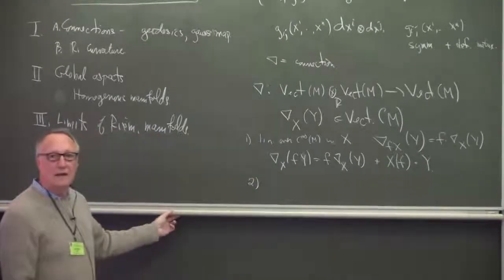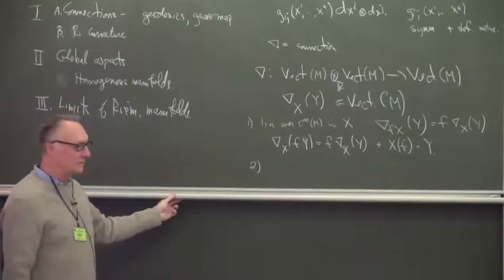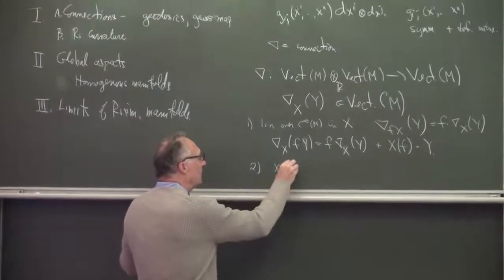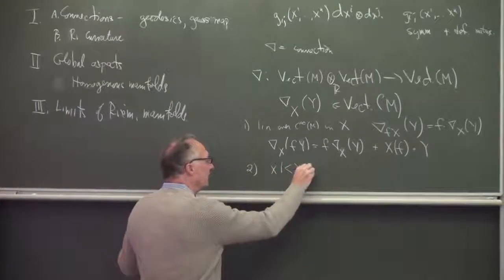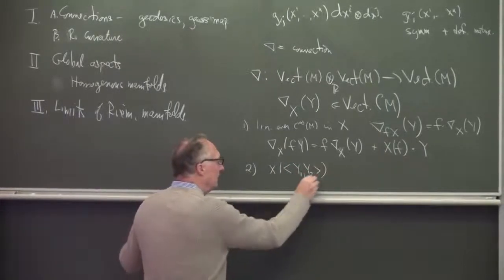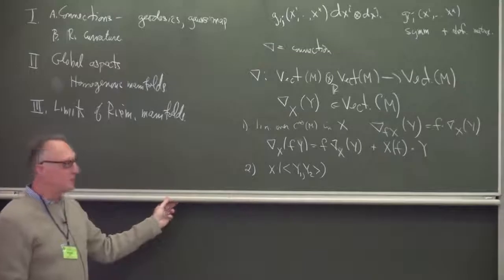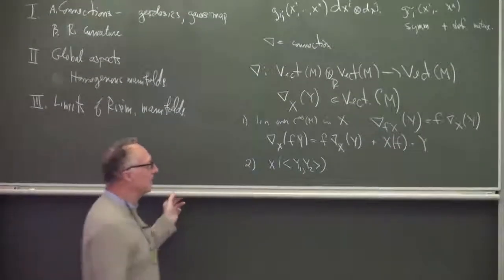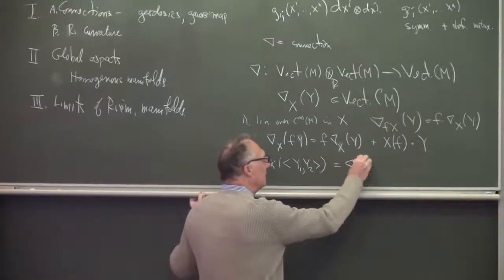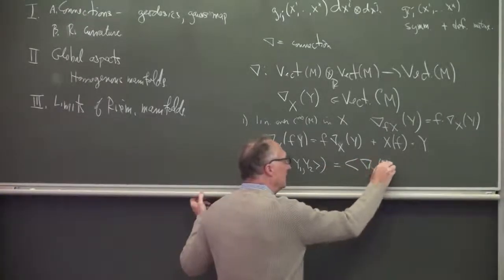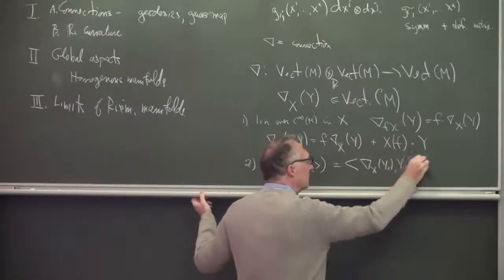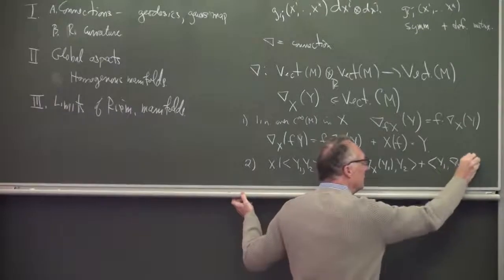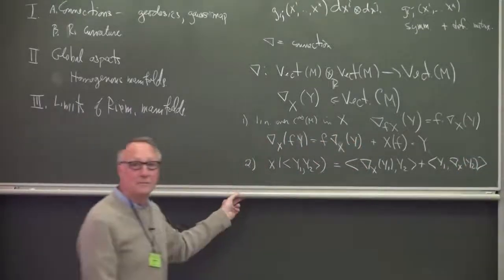It's supposed to be a metric connection, so it preserves the metric in the following sense. If you take the inner product of two vector fields and differentiate that in the x direction, that is simply what you get by applying the covariant derivative in the two factors and taking the inner product.